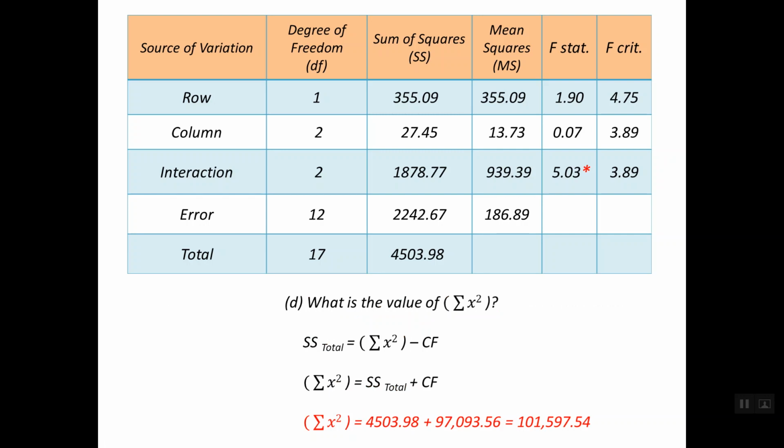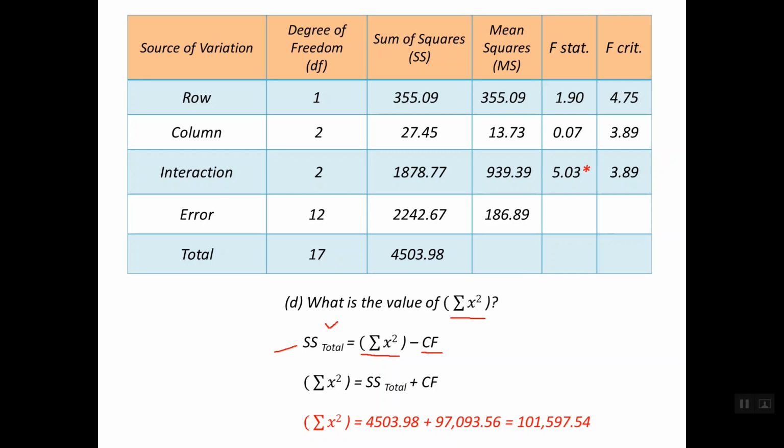What is the value of the summation of x squared? Summation of x squared is simply the summation of the squared observations. So you know the formula to calculate the SS total. SS total is simply equal to the summation of the squared value of the observation minus the correction factor.